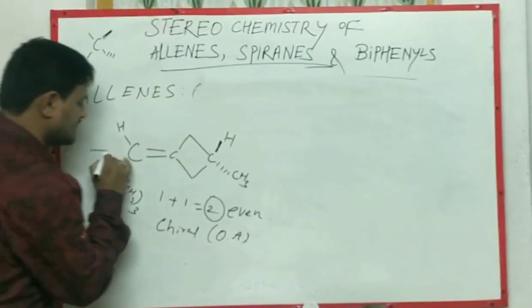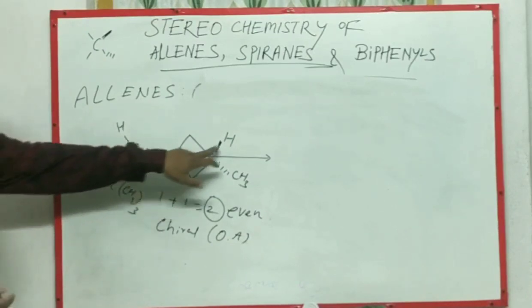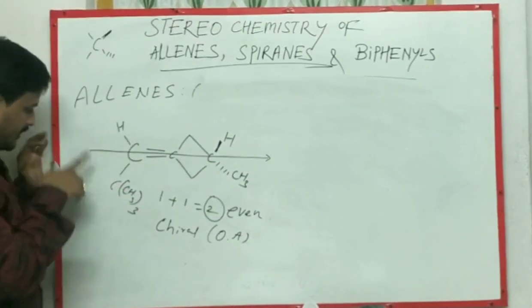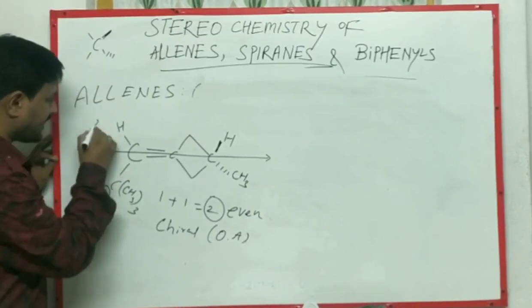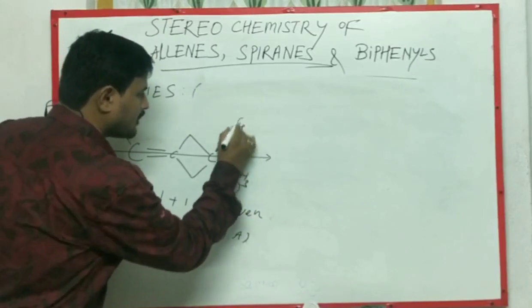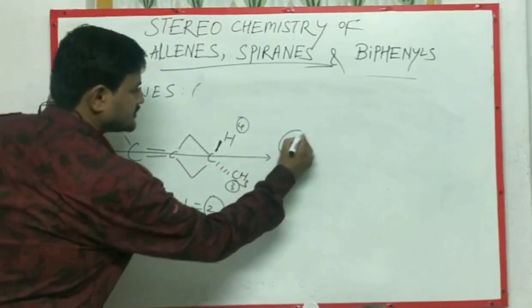This is a chiral axis, and these are above the plane, below the plane; priority starts from within the plane. Here first priority, second priority, the third priority this one, and the fourth priority this one. 1, 2, 3 like this.